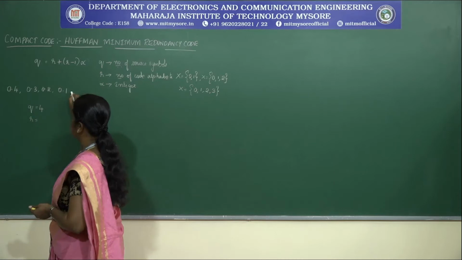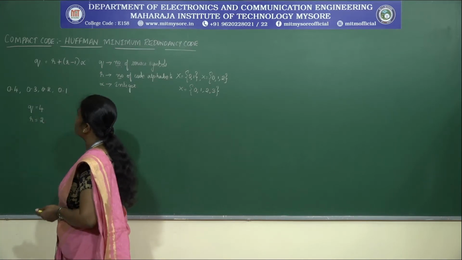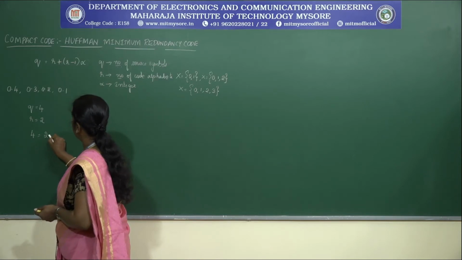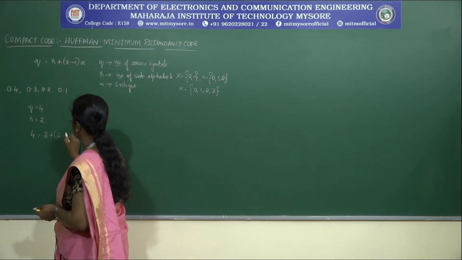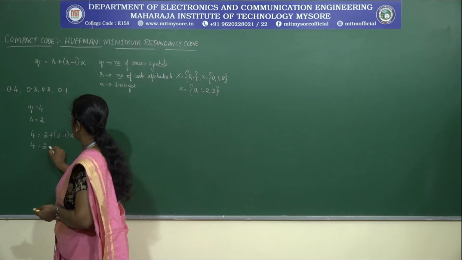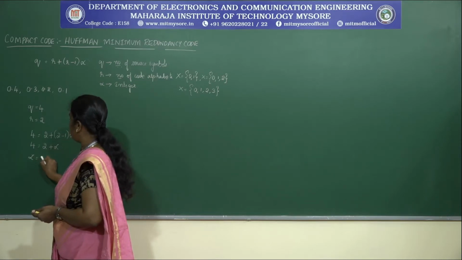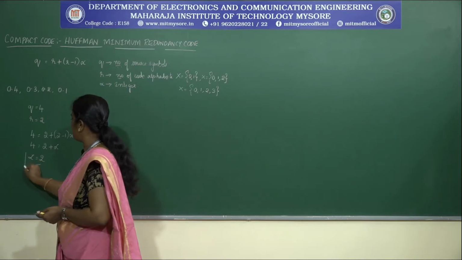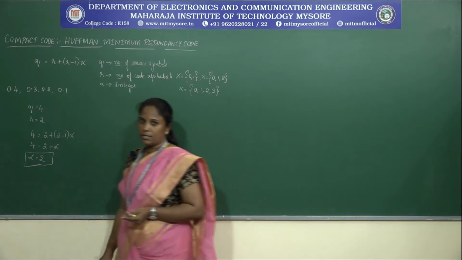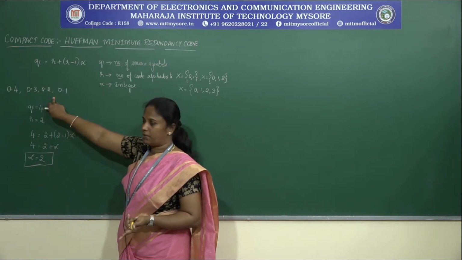Let us consider this is a binary sequence, so R will be equal to 2. So 4 = 2 + (2 - 1) α, which is equal to 2 + α. So alpha will be equal to 2. We have got a whole integer value, which means that Huffman encoding is possible with respect to this particular message sequence.